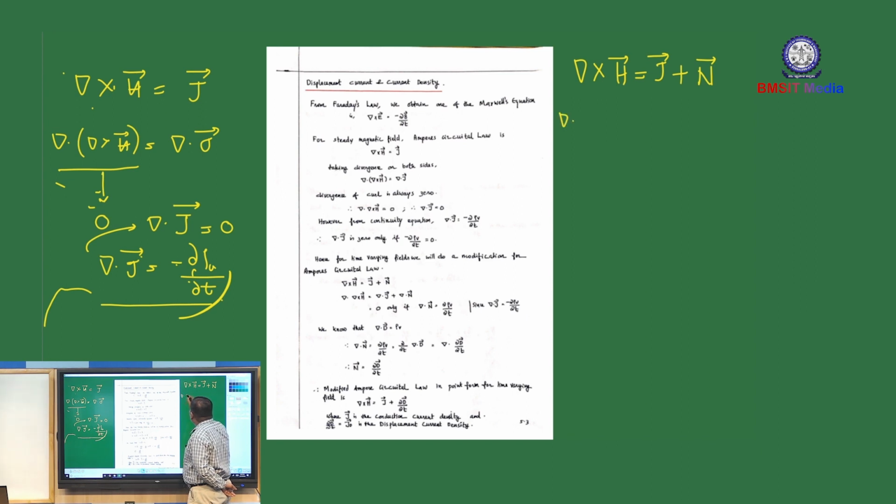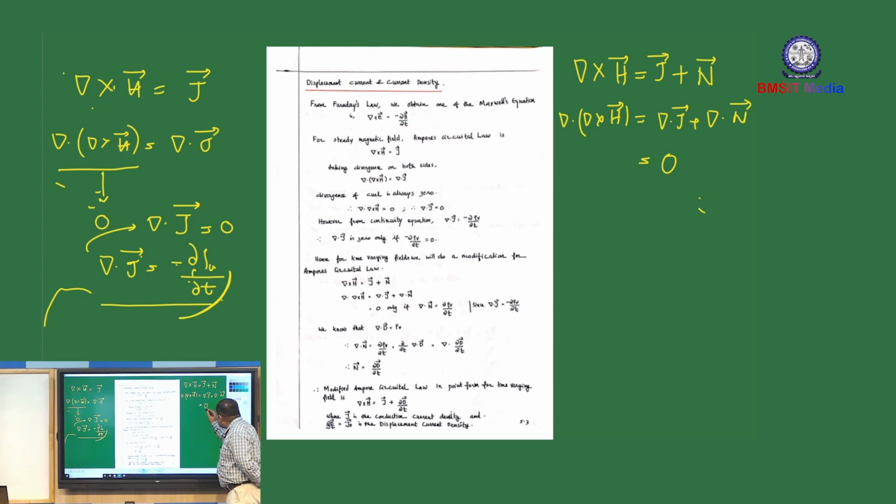So del dot del cross H will be equal to del dot J plus del dot N. Divergence of a curl, or del dot J, is equal to 0, as we have seen in the previous case.